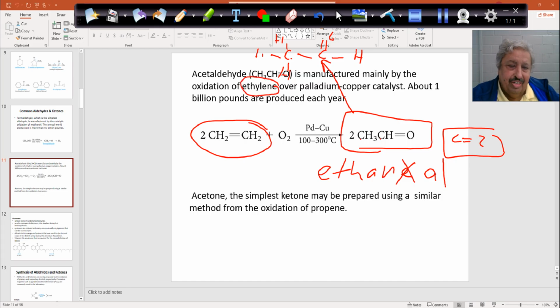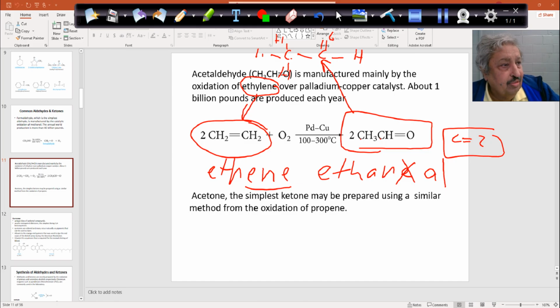The real IUPAC name is ethene, with a double bond here. But we call it ethylene because it's going to make the plastic polyethylene. Those plastic bags we keep fruits and meat inside, they are made from ethene polymerization to get polyethylene.